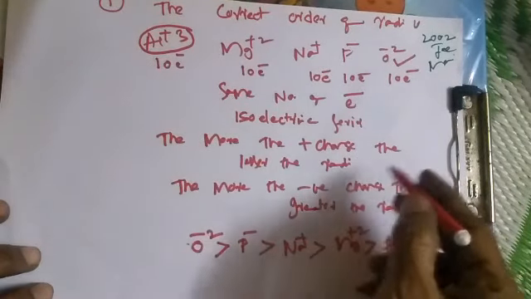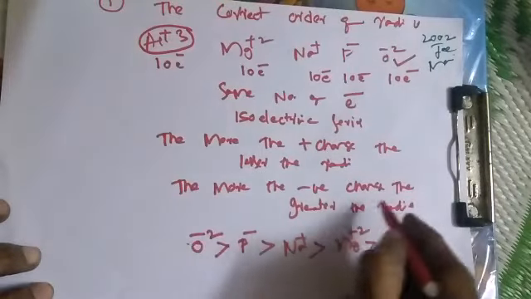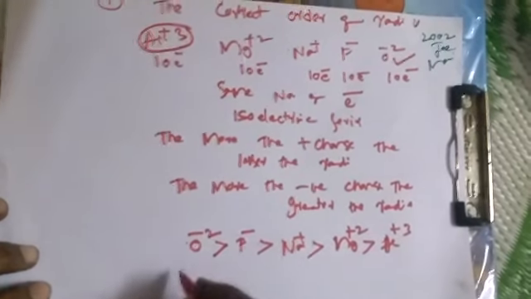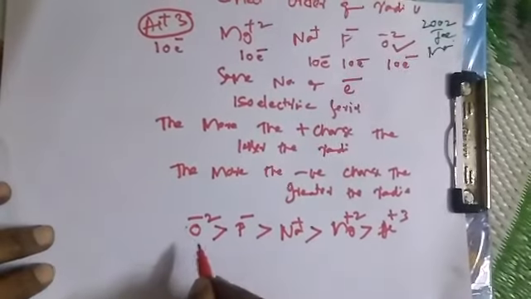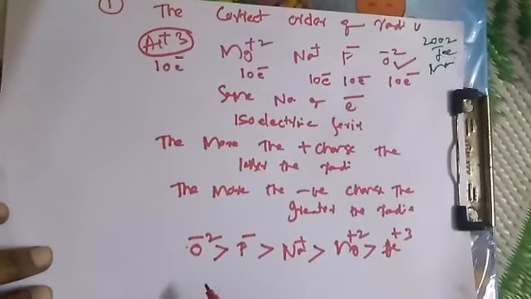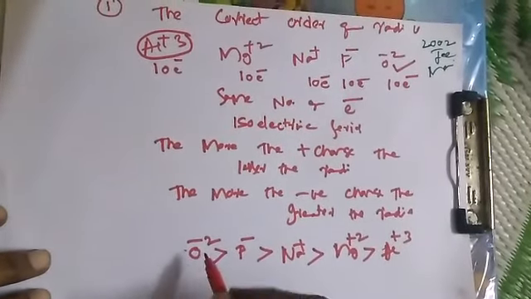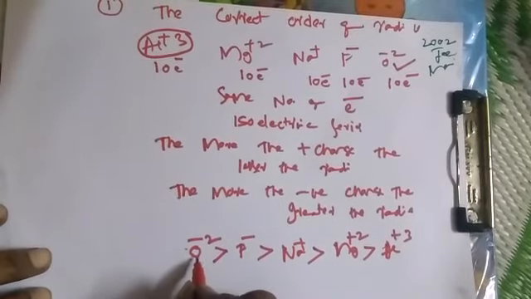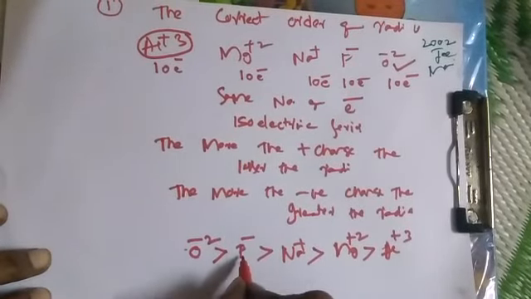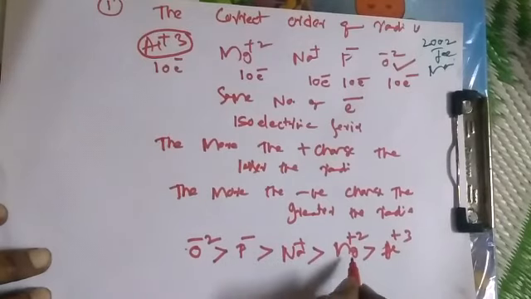The more the positive charge, the lesser the radii. The more the negative charge, the greater the radii. So oxygen has more negative charge, for which its size is more. Next fluorine F minus, next Na plus, next Mg plus.